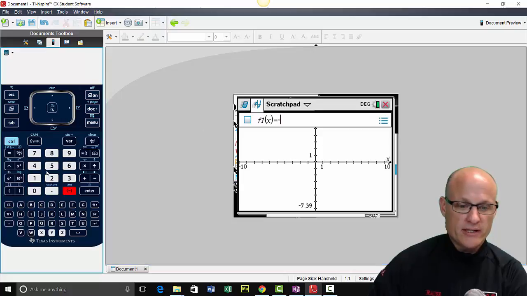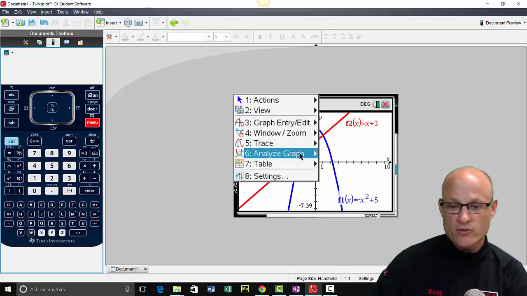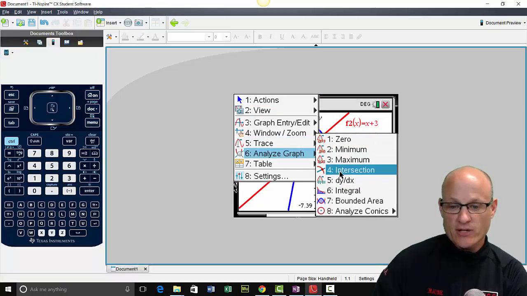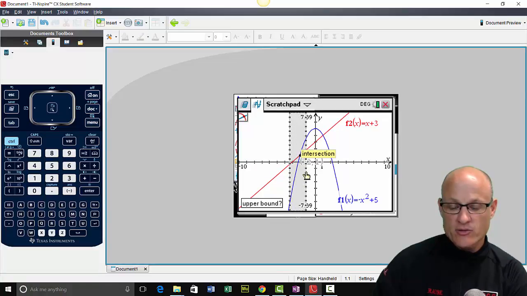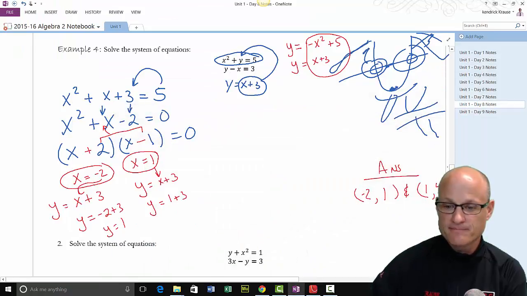We'll go into negative x squared plus 5, enter, hit tab, and do x plus 3, enter. And we can do points of intersection: menu, analyze graph, and intersection. I can go left bound. Now there's one point, negative 2, 1. There's the other point, 1, 4. Notice then I have two answers. And there they are. Okay.